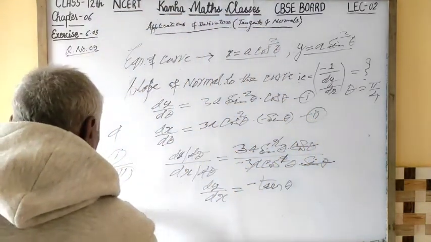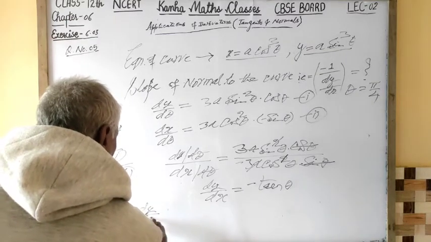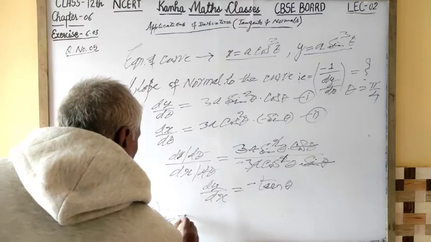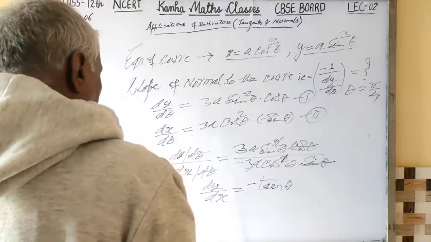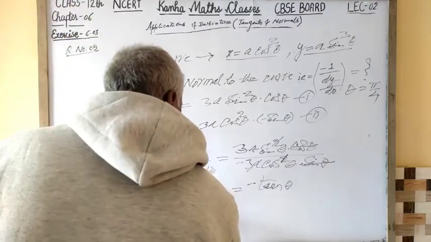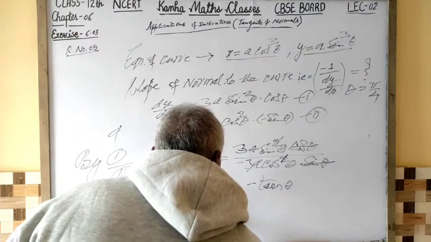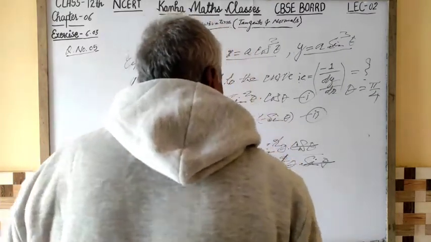Or dy by dx at theta is equal to pi by 4 is equal to minus tan pi by 4, that means minus 1.